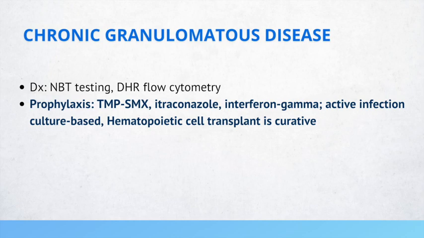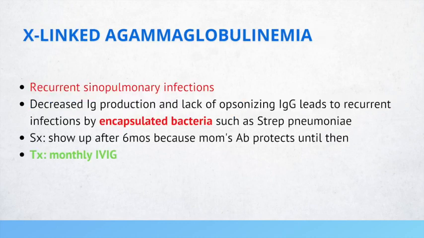X-linked agammaglobulinemia. These patients typically present with recurrent sinopulmonary infections. They have decreased immunoglobulin production and lack opsonizing IgG, which leads to recurrent infections by encapsulated bacteria such as Strep pneumoniae.